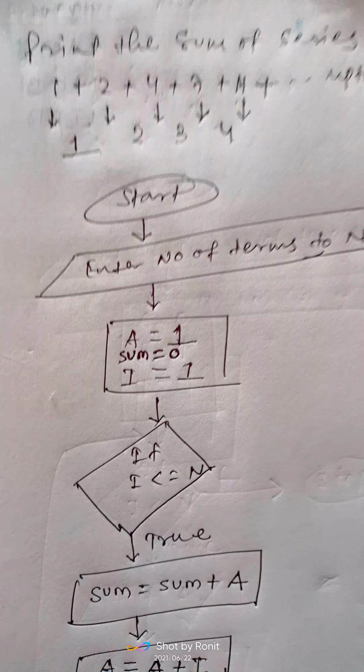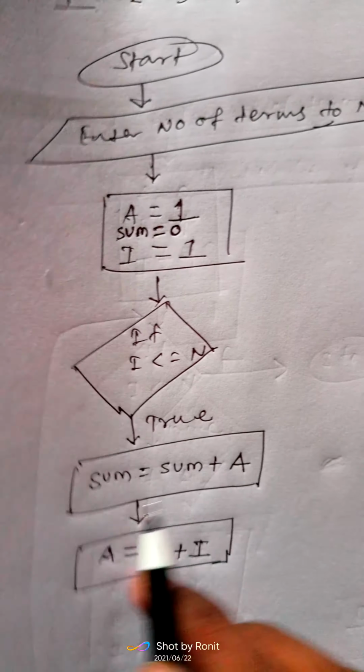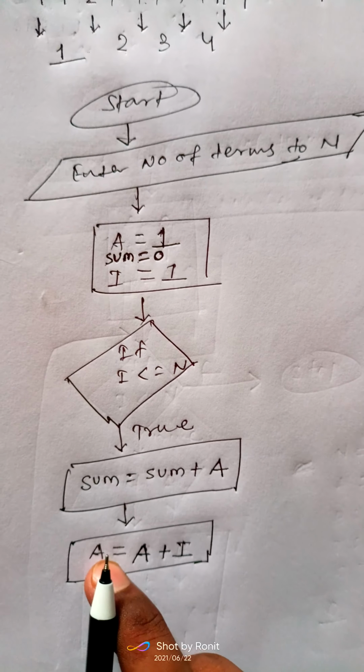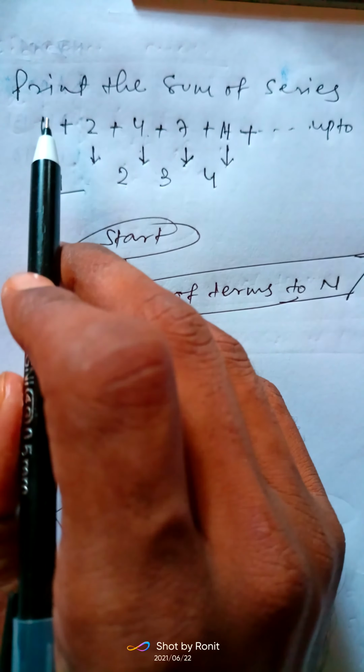So the difference is the number of term. Till now we have considered only one term, so the next term will be greater by only 1. So 2 is greater than 1 by 1.